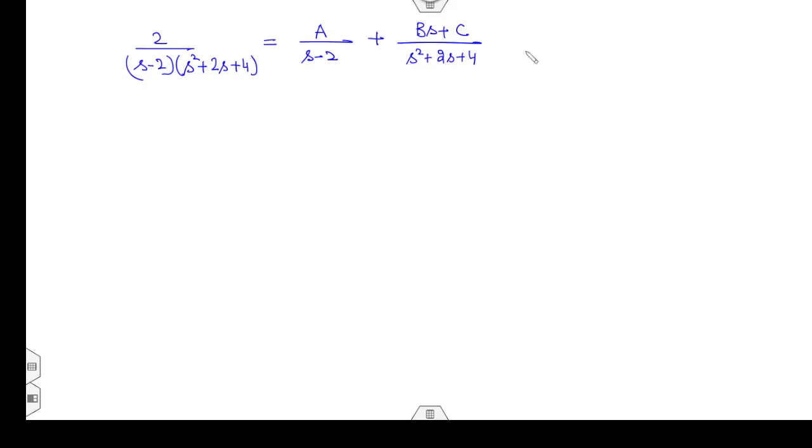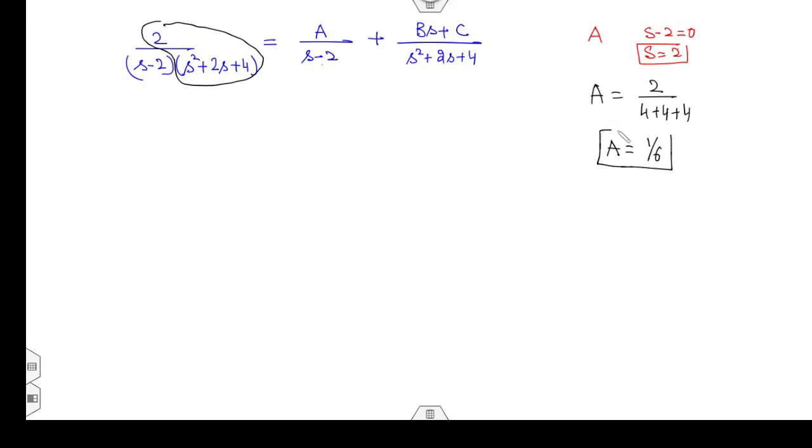Now how can you find the value of a? I can substitute s minus 2 equal to 0, that is s equal to 2, in the equation on this side. So the value of a is 2 divided by (4 plus 4 plus 4). Therefore a will be 1 over 6.